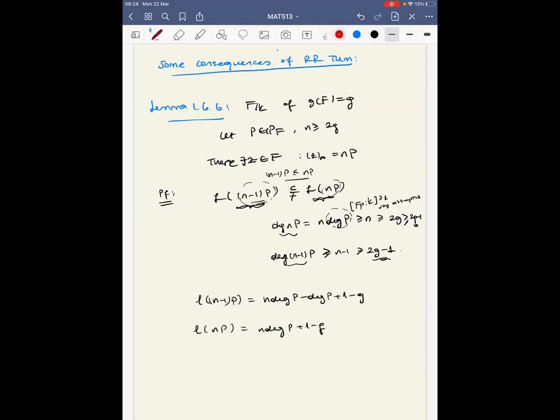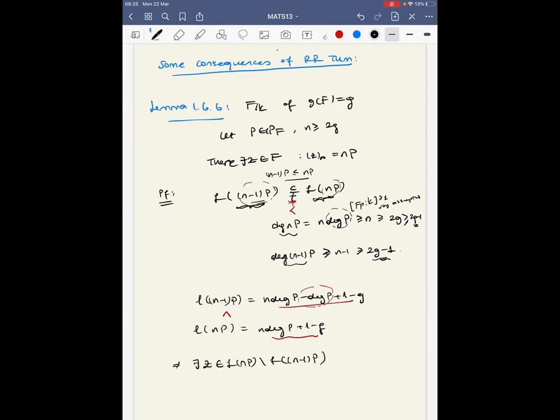And since this quantity is always strictly less than this one because of this degree P term, by the dimension argument we see that indeed this inclusion is proper. So that means we can choose a function in L of nP, but which does not lie in the Riemann-Roch space of the divisor nP minus P.